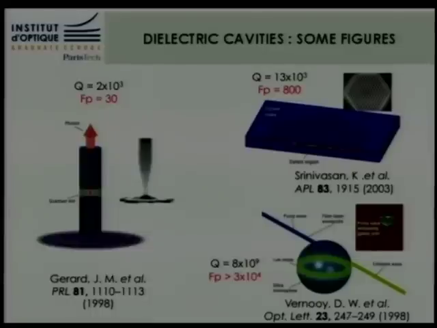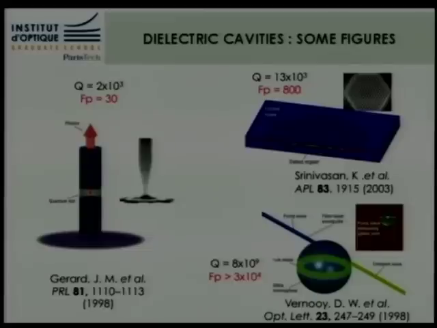So some research groups managed to fabricate cavities with 2 Bragg mirrors, embedding a quantum dot at the center, and they reached quality factors of several thousands, leading to Purcell factors, which means the fluorescence enhancement, of roughly 30.